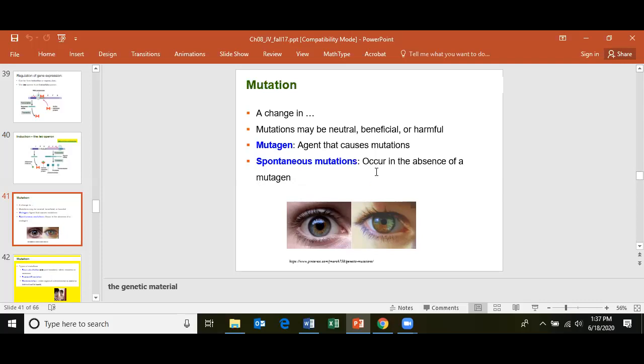They may be beneficial, or they may be harmful. If you want to know, most mutations that happen at random are actually harmful. The second most common would be neutral ones, and we'll talk about them. And very rarely is a mutation beneficial.